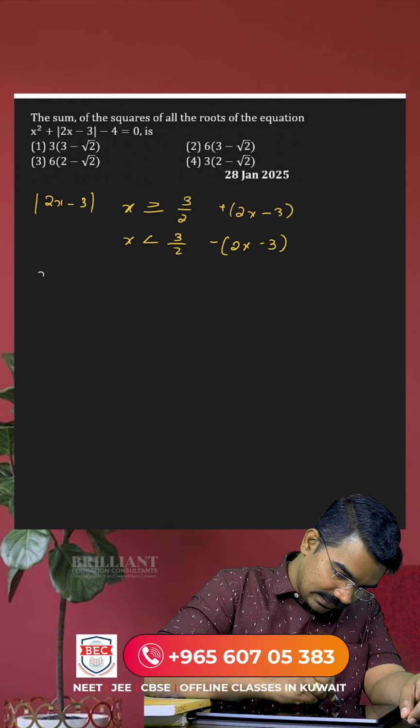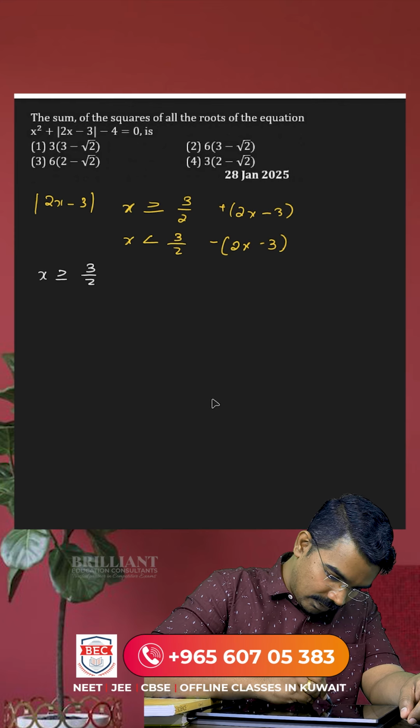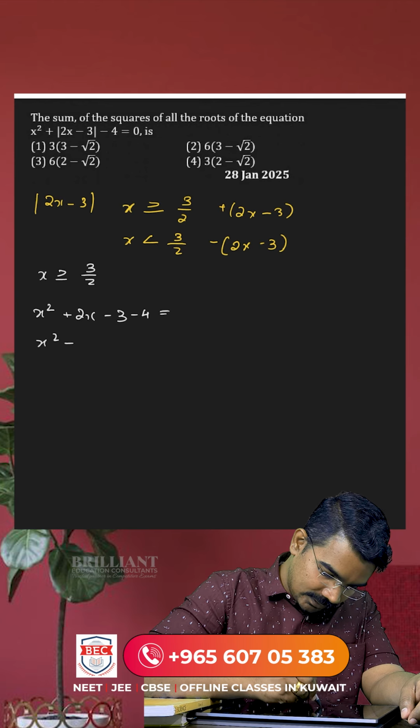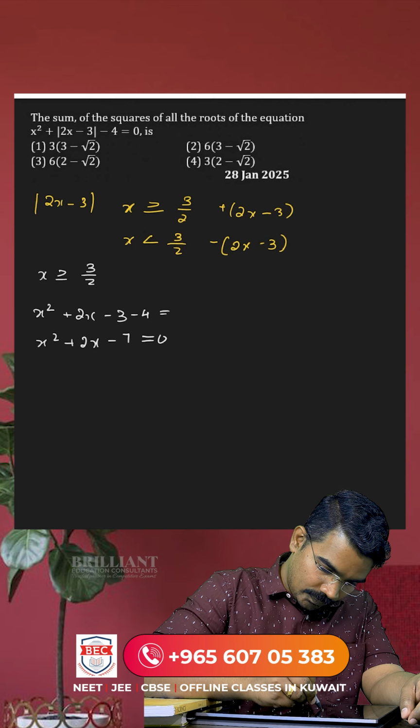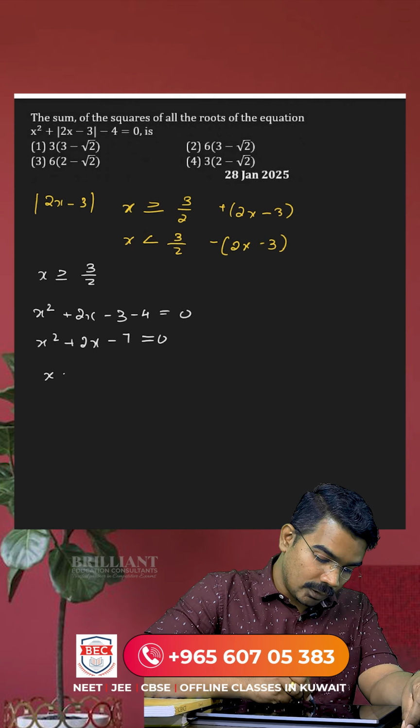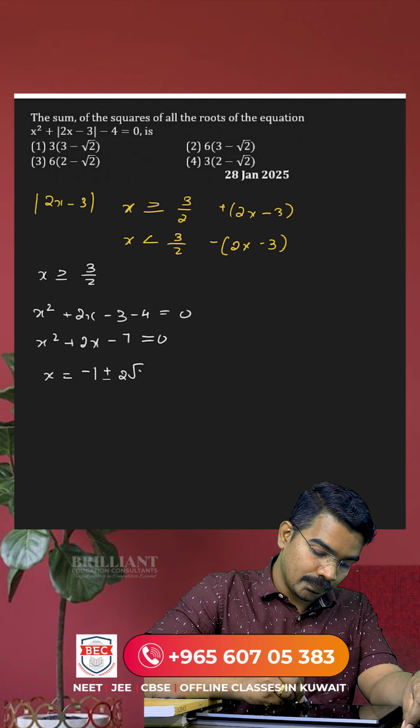When x is greater than or equal to 3 by 2, our equation will become x square plus 2x minus 3 minus 4 is equal to 0, that is x square plus 2x minus 7 is equal to 0. Here the roots will become x is equal to minus 1 plus or minus 2 root 2.